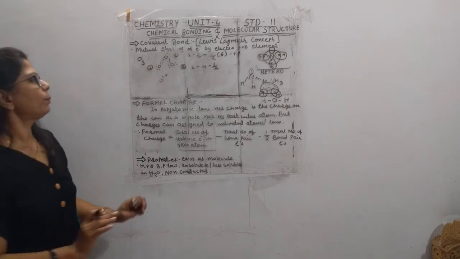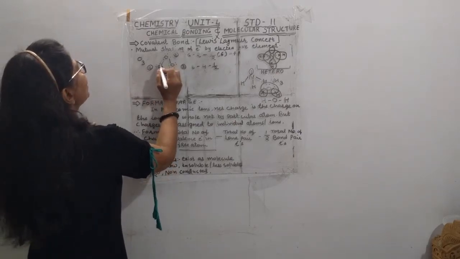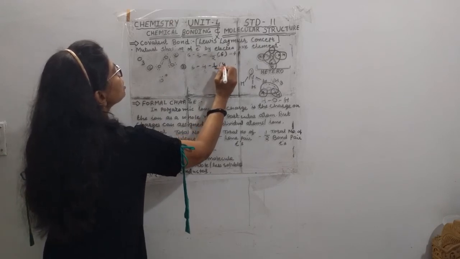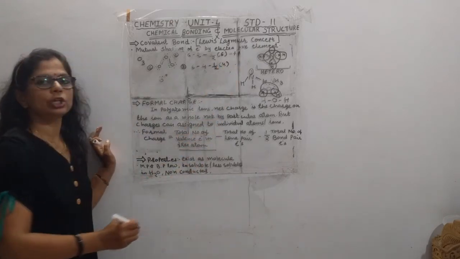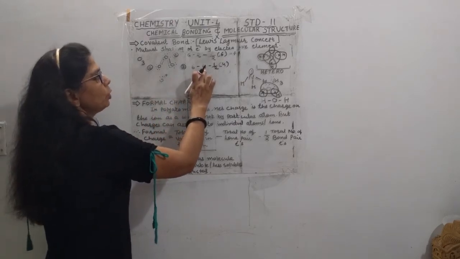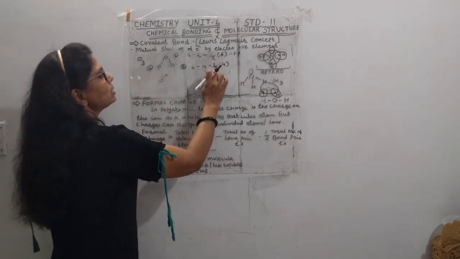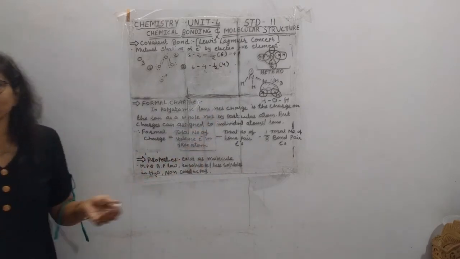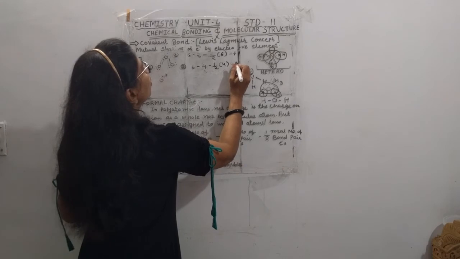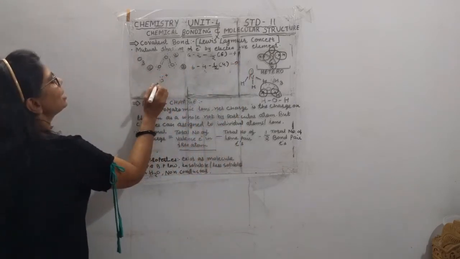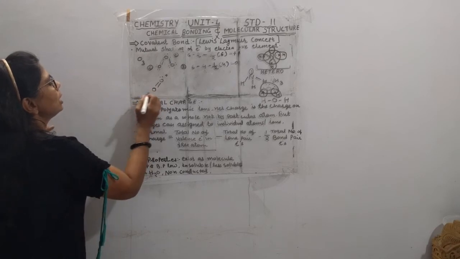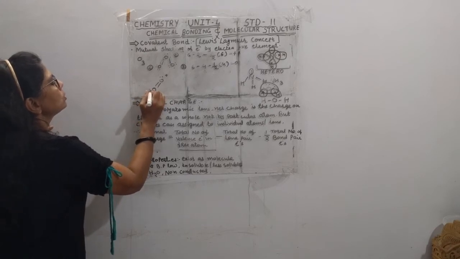How many are bond pair electrons? Bond pairs 1, 2, 3 and 4, so 4 electrons took part in bond formation. So 6 minus 4 is equal to 2, and minus 1/2 into 4, which is 2. So here you have 0. For this oxygen, student, there is no charge.